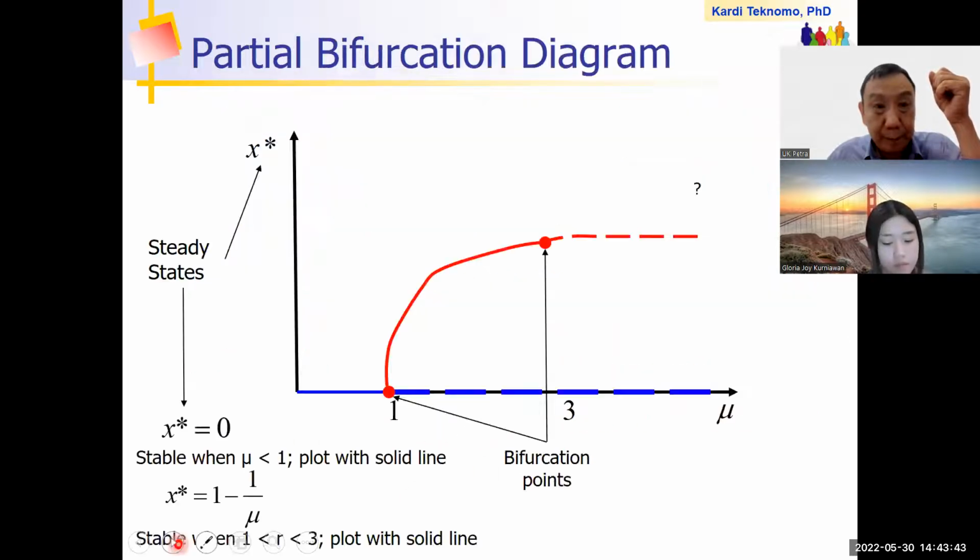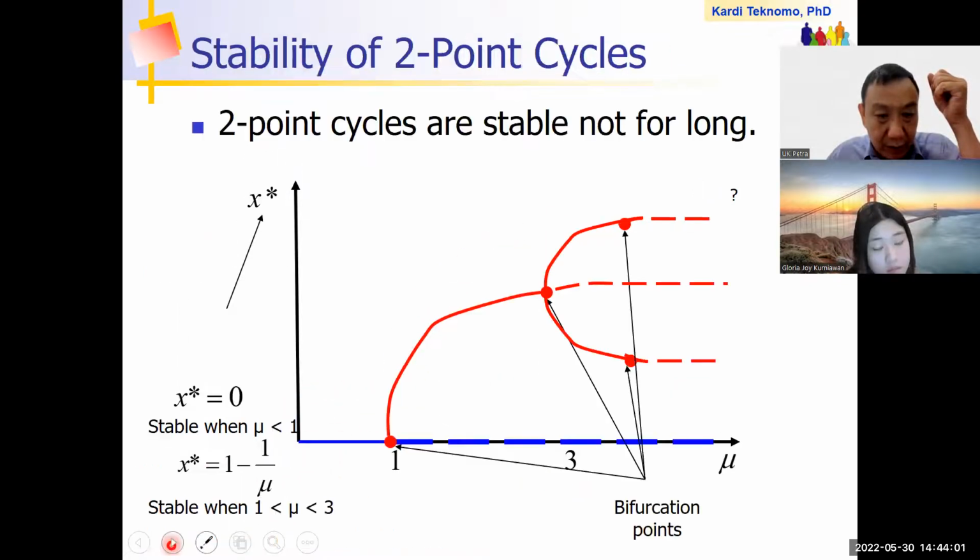Remember, the drawing is this way, right? Up to certain points, and then you have two cycles. And then say between 1 to 3, you will have a solid line like this. And when your value is again at a certain point, you have two cycles.